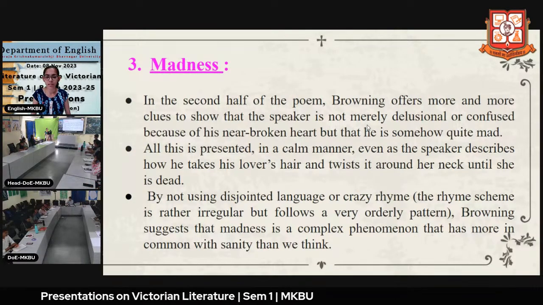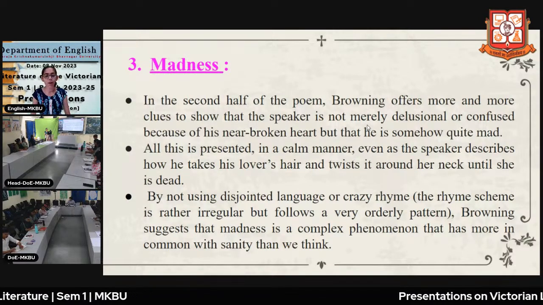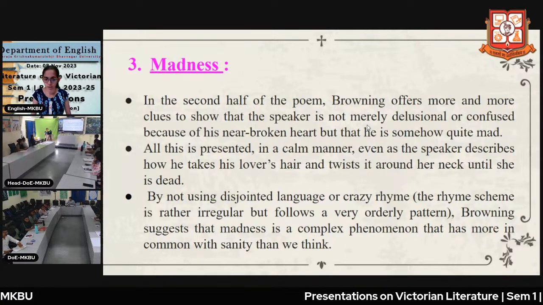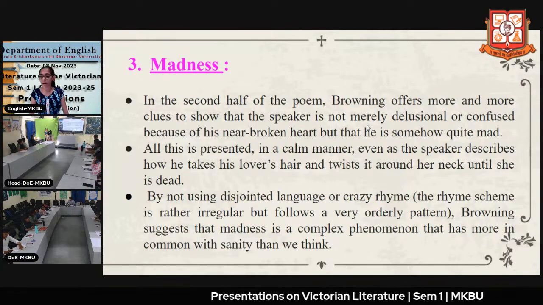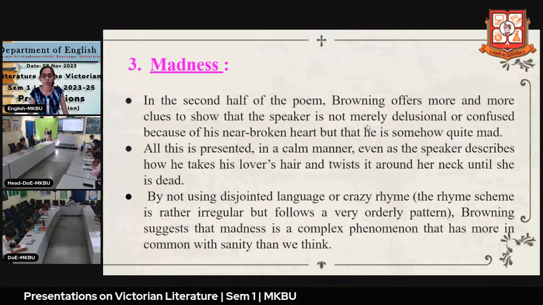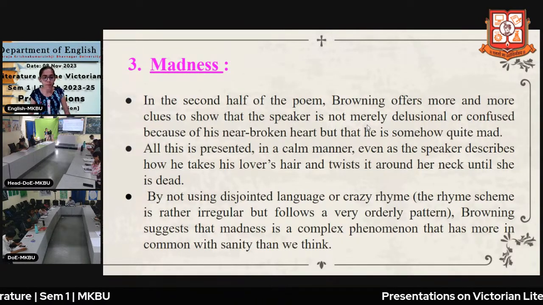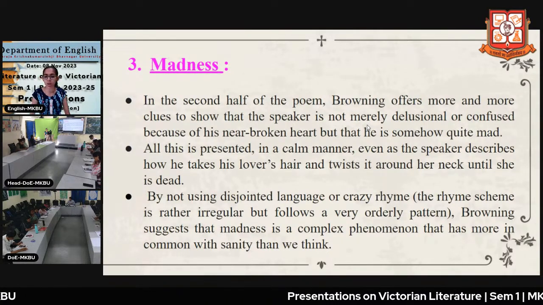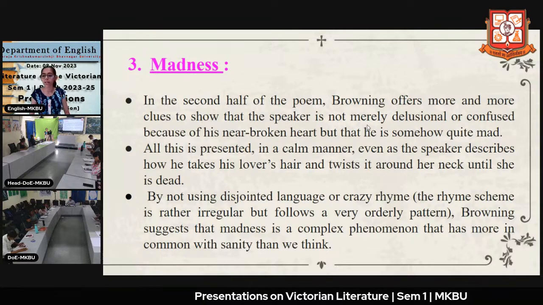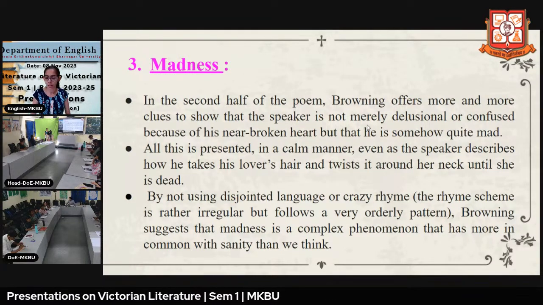All this is presented in a calm manner, even as the speaker describes how he takes his lover's hair and twists it around her neck until she is dead. By not using crazy language or a crazy rhyme, Browning suggests that madness is a complex phenomenon that has more in common with sanity than we think.